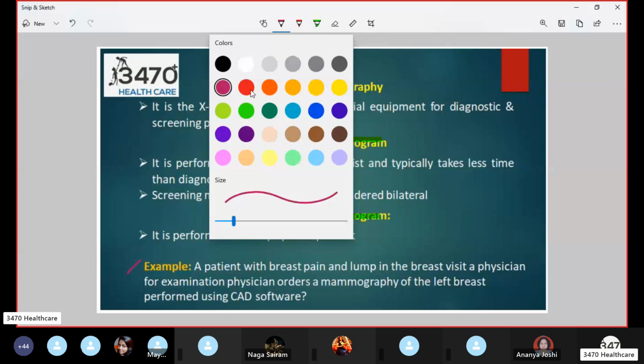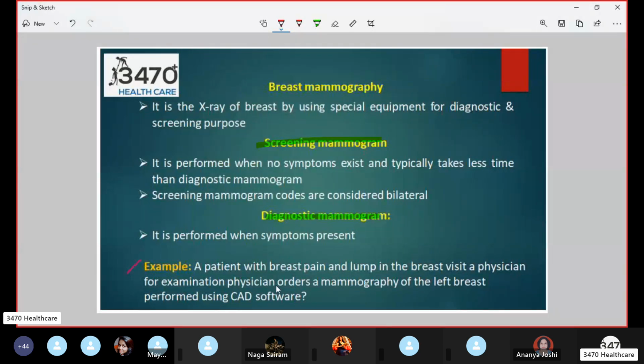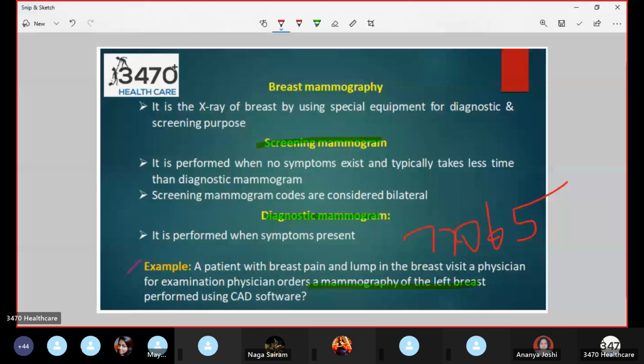Is the symptom present? Then we are doing the diagnostic. Left side means single, so unilateral, 77065. 77065 is the answer.